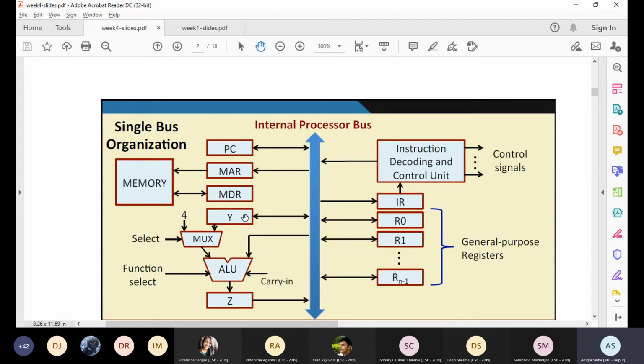So that's why we have this 4 value in here. I'll tell you the data path for it. You have to increment the value of PC to 1004. This ALU will take the value of 1000 from this bus.